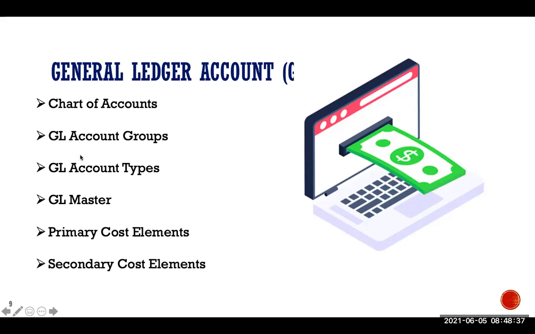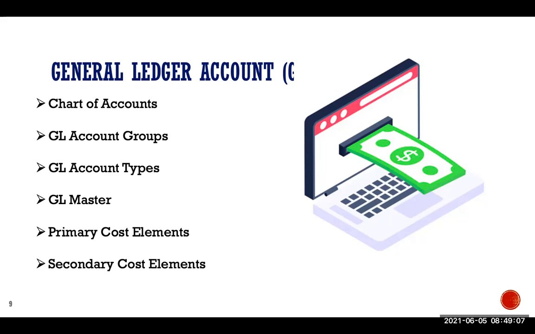Now there is another element called type. The major types are balance sheet and P&L. When you identify the general ledger, you need to tell the system that this particular GL account belongs to a balance sheet, and within that it is asset related or liability related, or in the P&L it is expenses related or profit related.